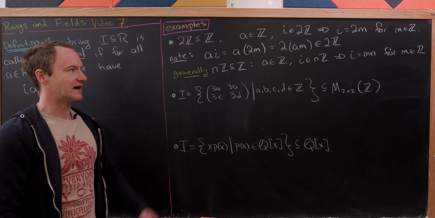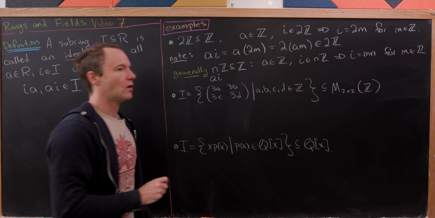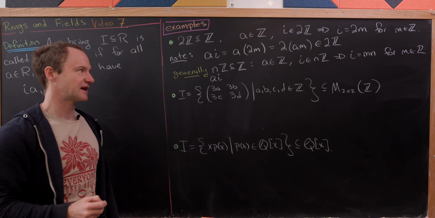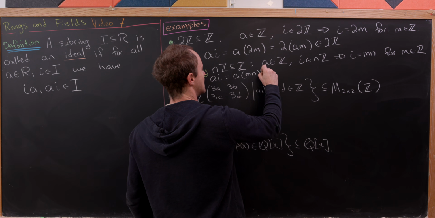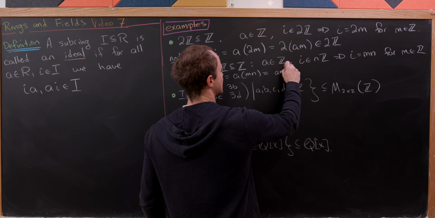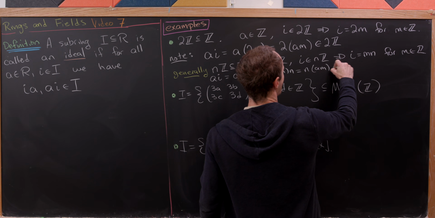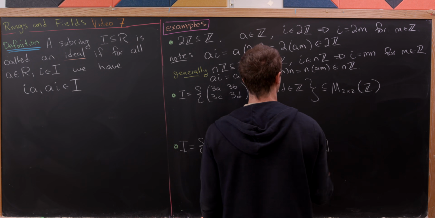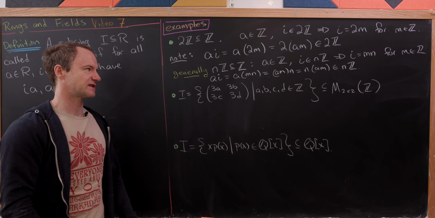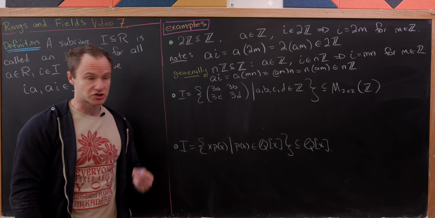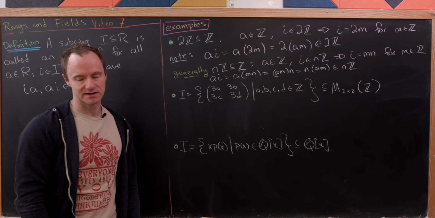So we wrote i as a multiple of n. And now again, we only have to check one ordering of the multiplication because multiplication is commutative here. a times i is equal to a times mn, but then that's going to be a times m times n, or if you would rather, n times am. Either way you look at it, that's a multiple of n, so that's in nZ. So I guess we didn't check that it was a subring. That's fairly straightforward. We just checked that it had the appropriate absorption property, and it does.